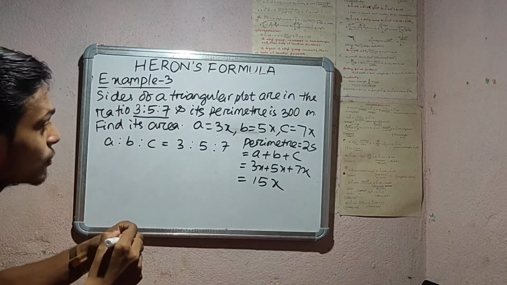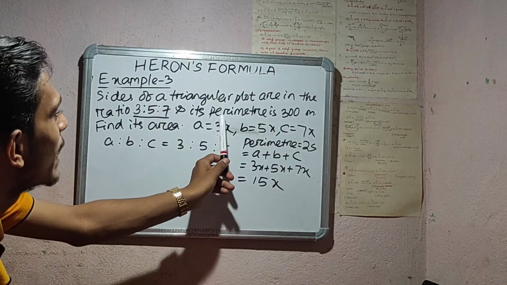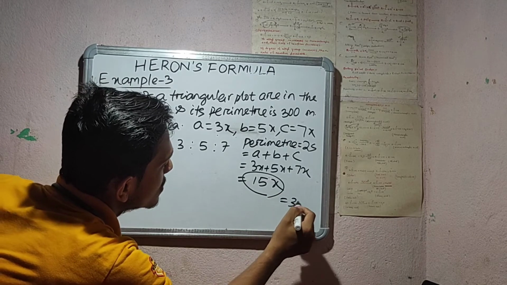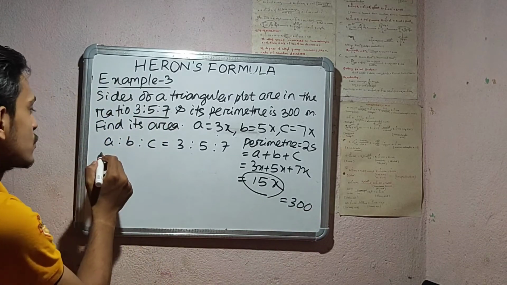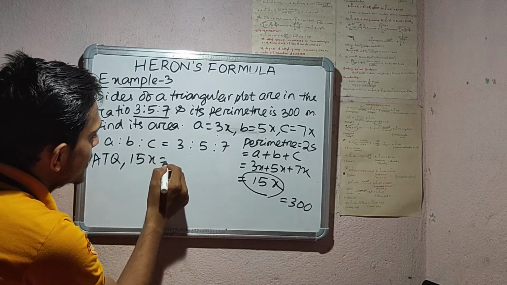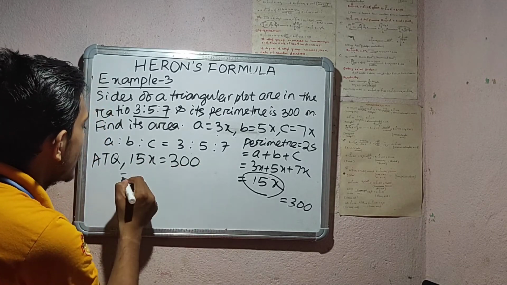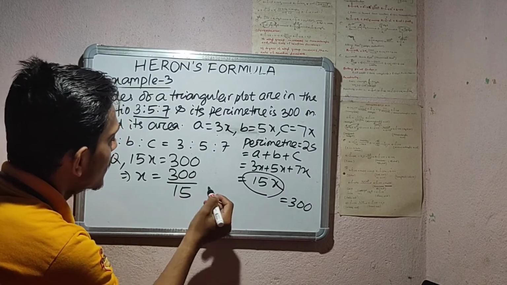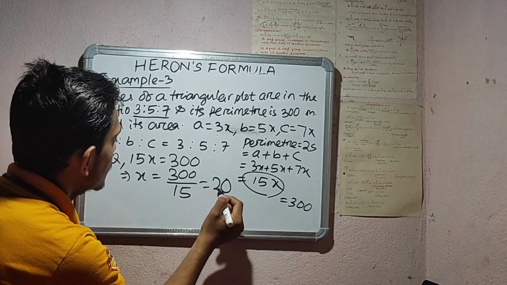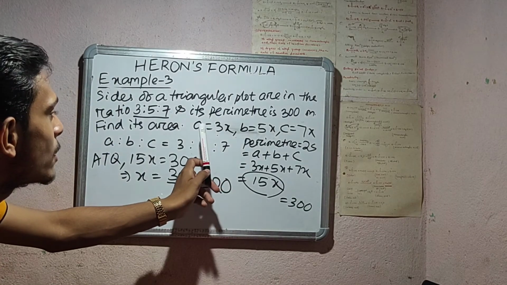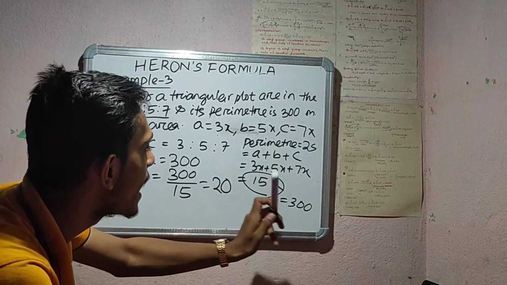15x. According to the question, the perimeter is 300 meter, so this 15x must be equal to 300. So x is equal to 300 upon 15, that is 20. The value of x is 20. For area we require a, b, c and s.